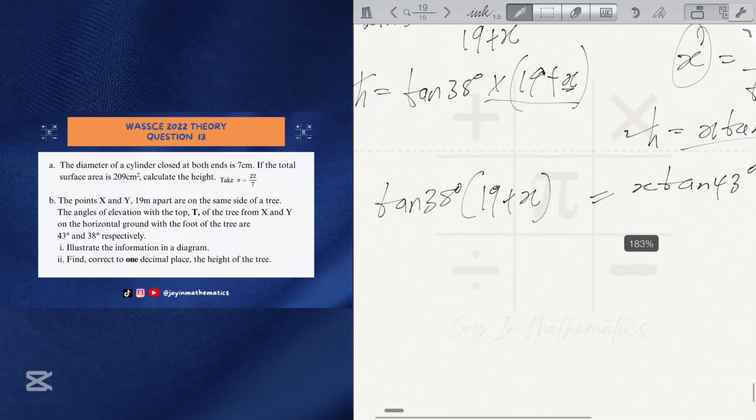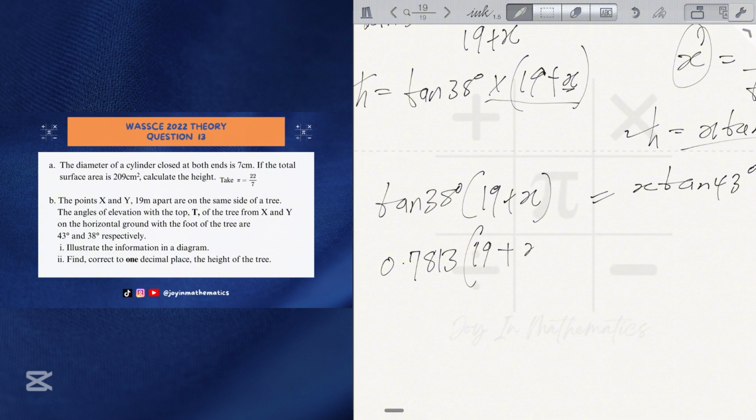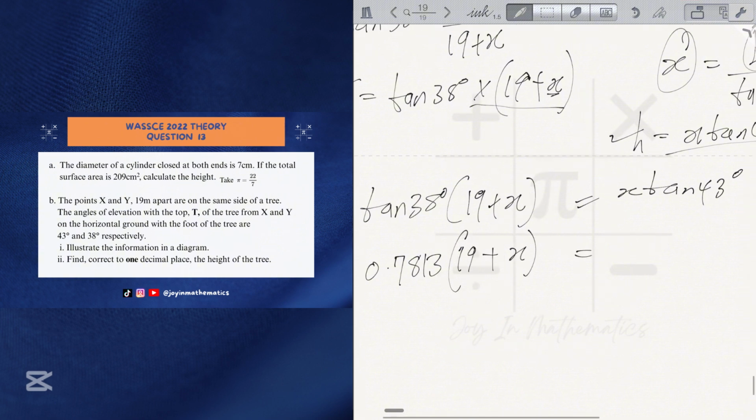So let's open up the brackets and find the value of x. So tan 38 degrees, using our calculator, we'll have 0.7813 multiplied by 19 plus x, and tan 43 degrees is simply 0.9325.